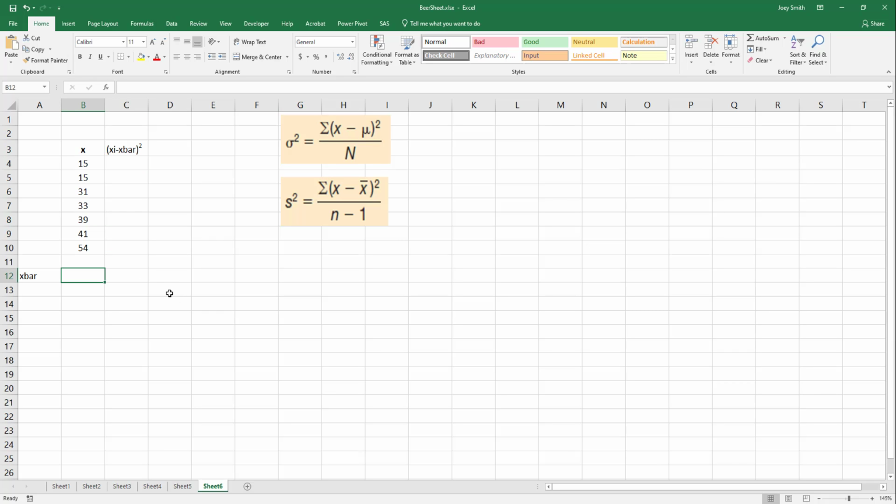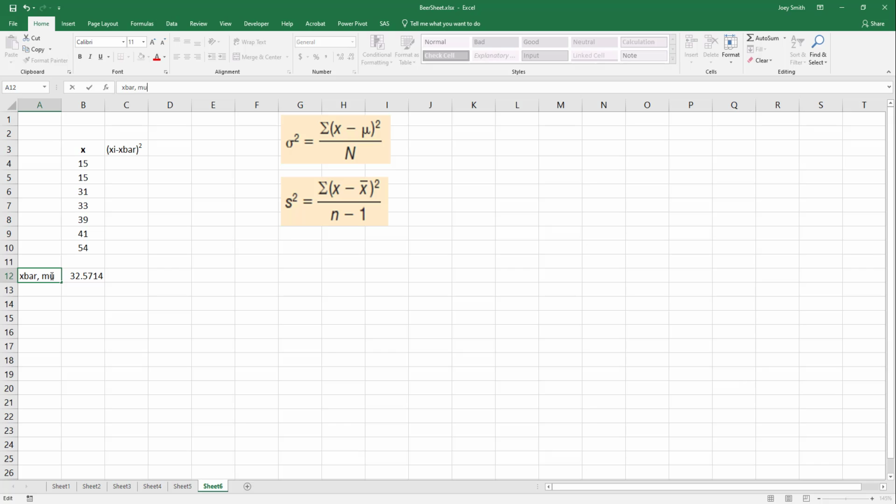In this case, X bar and mu are calculated exactly the same way because we're just simply calculating the average of all of our X's. Okay, so the population variance is going to assume that X bar here is actually mu. So just simply think of this as both X bar and mu.